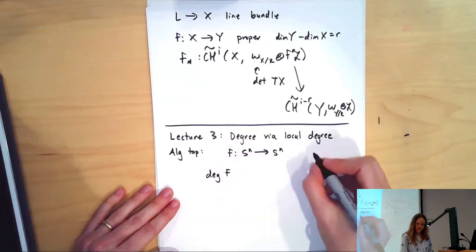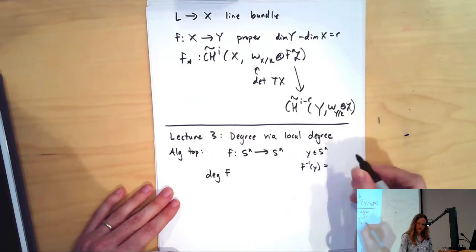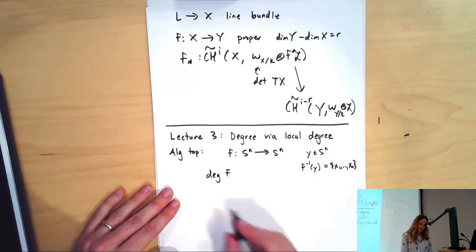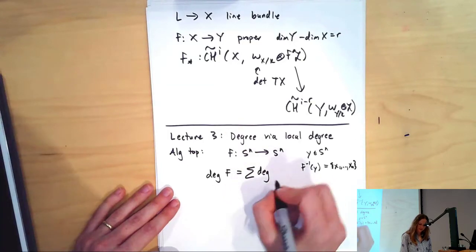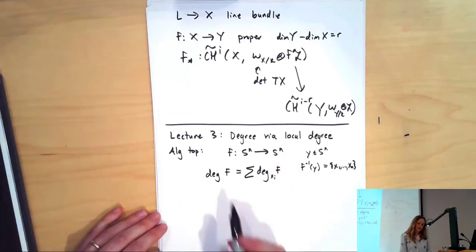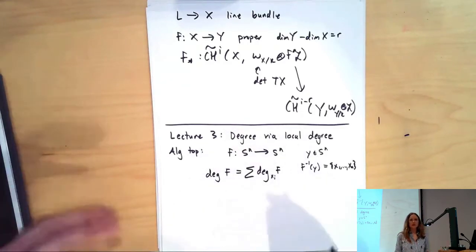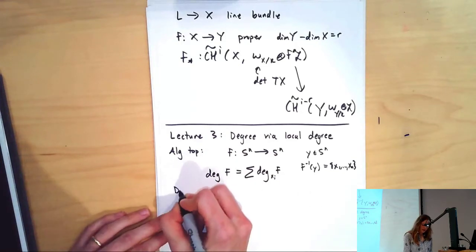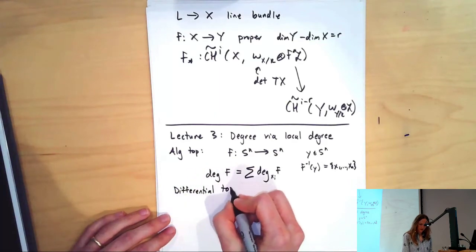We can pick a regular value, so pick y in S^n with f inverse of y a finite set of points x1 through xn. And the degree of f is the sum of local degrees. The first lecture, we did this small ball definition of a local degree, and there's a calculus or formula for the local degree.